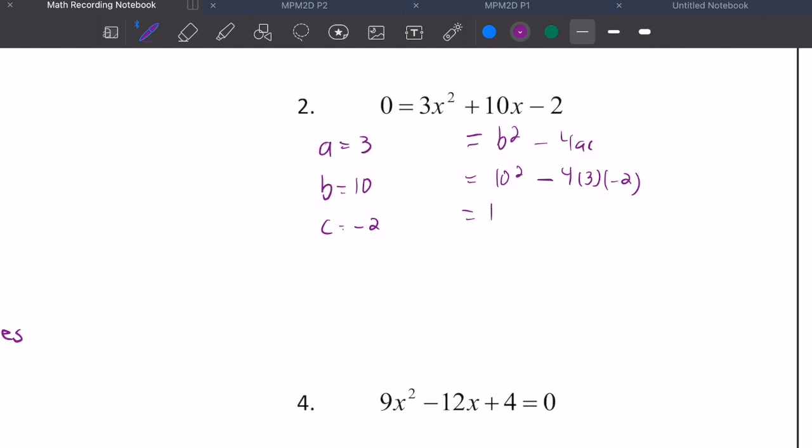This gives us 100 minus 4 bracket 3 bracket negative 2, so we get 100 plus 24, which gives us 124. So we see this, we can say therefore there are 2 roots.